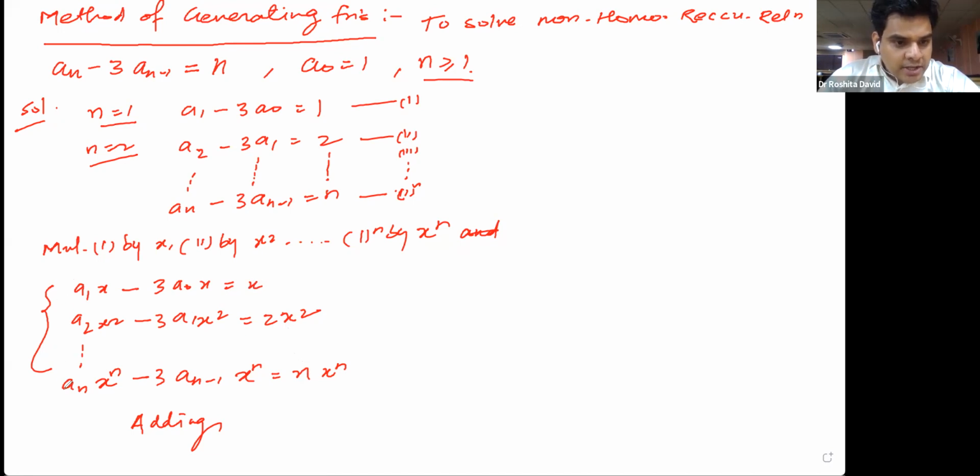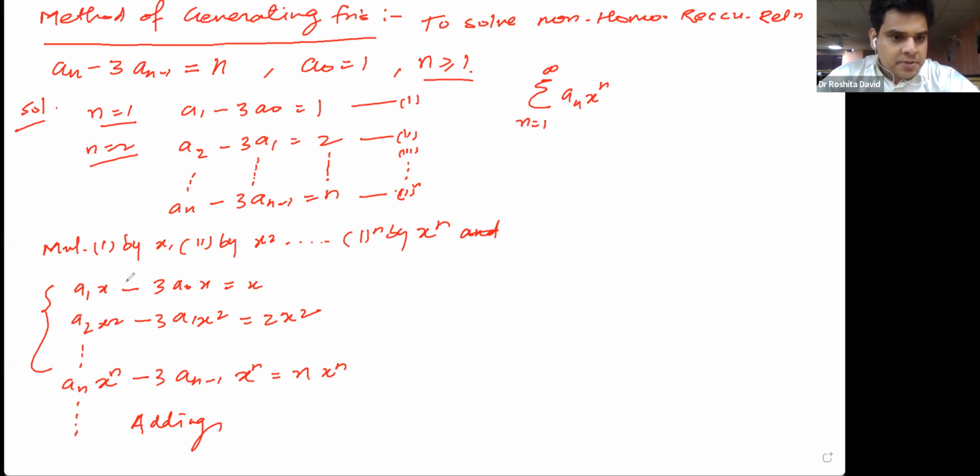For the whole addition, I am using summation, starting from n is equal to 1 to infinity. So I can represent the first part as the summation of an x to the power n.